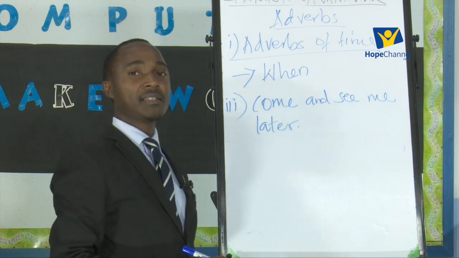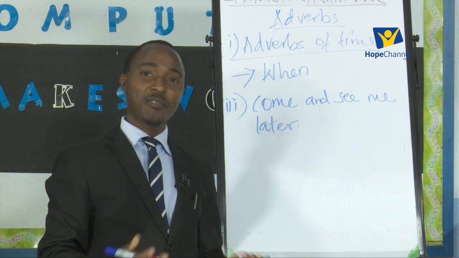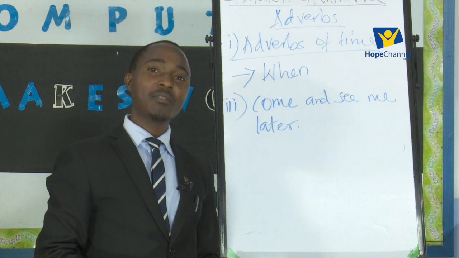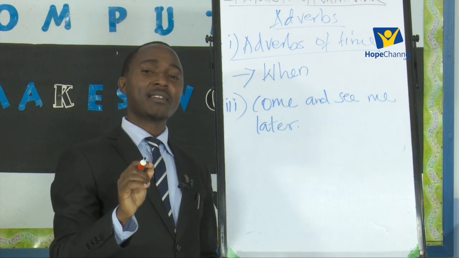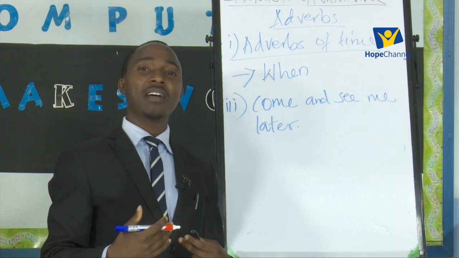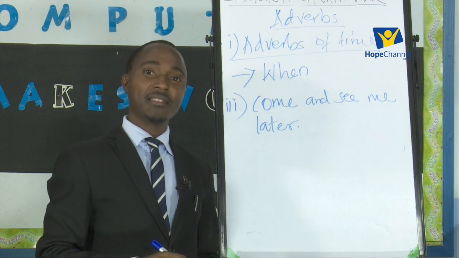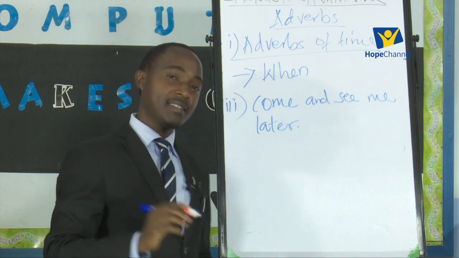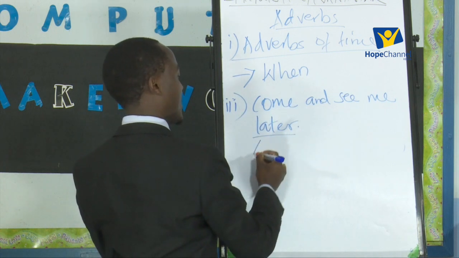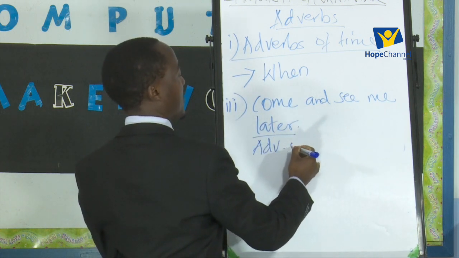Come and see me later. What question will we ask? We will ask, when will I see you, or when should I come and see you? And the simple answer is later. So later is our adverb of time.